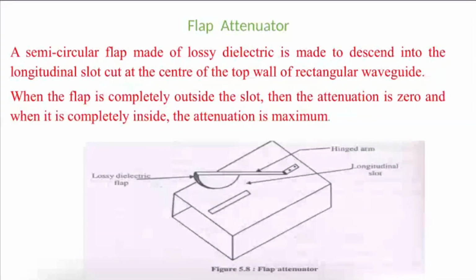If I open any 2 windows, the level of breeze that comes inside your room is comparatively 50%. But if you open all the 4 windows, the percentage of air entering your room is more. You feel it, right? In the same way, here also it's the same. It is implemented on the same concept, which is a flap type of attenuator.